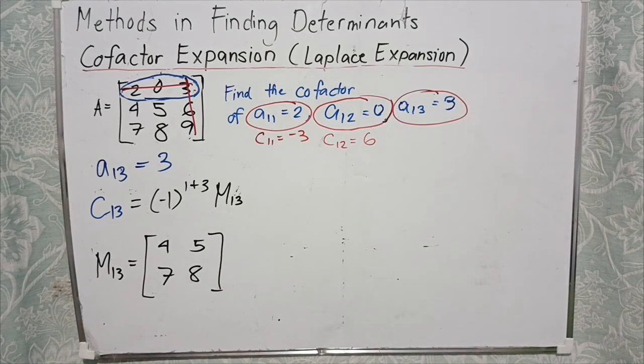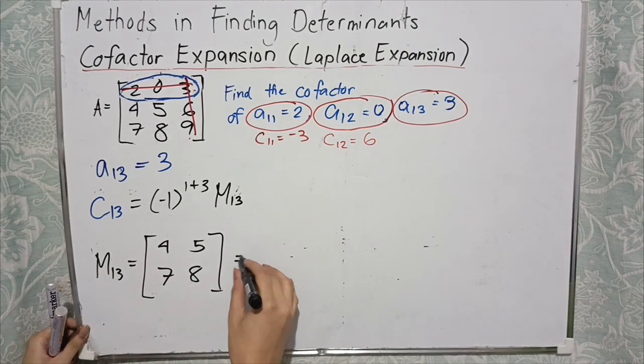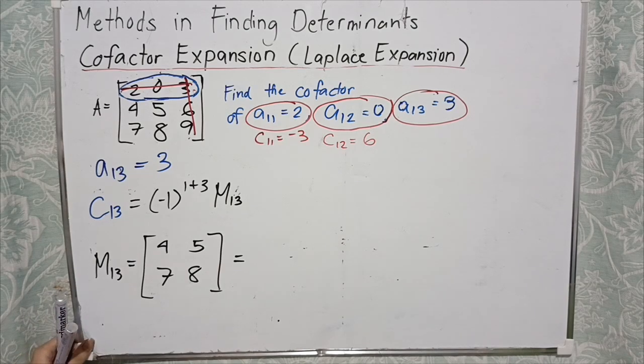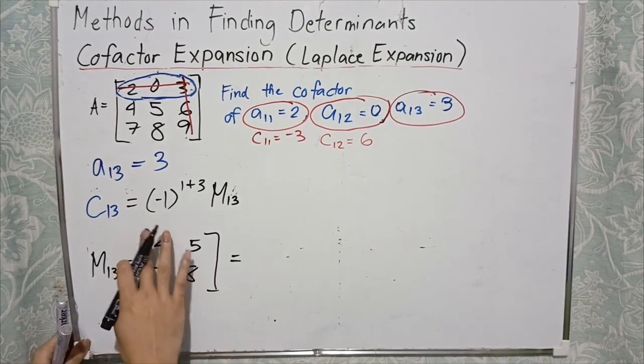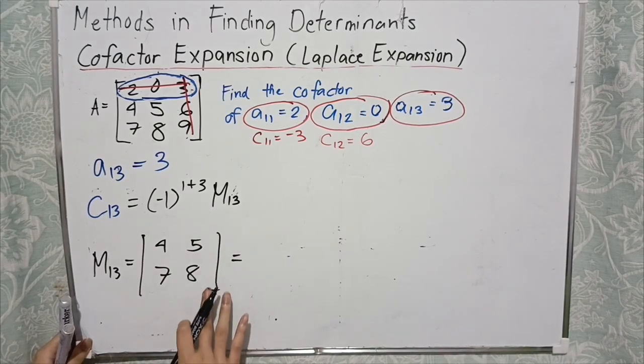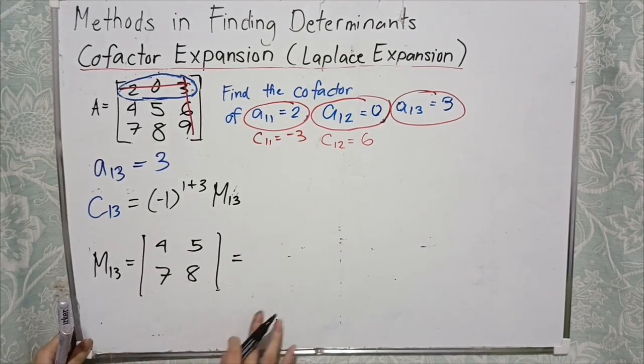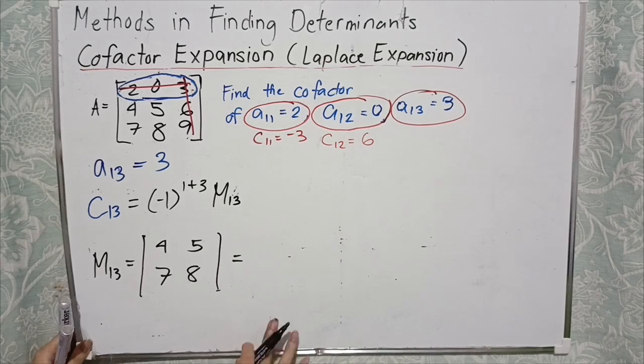Using the Leibniz formula for a 2 by 2 matrix, we need to compute its determinant. By the way, it should be written like this, since we are looking for the determinant. It should be absolute value.